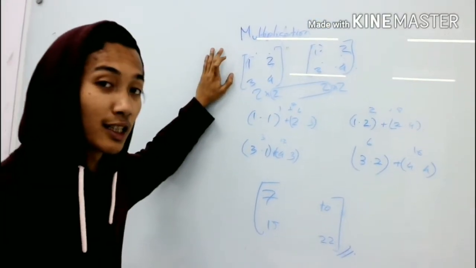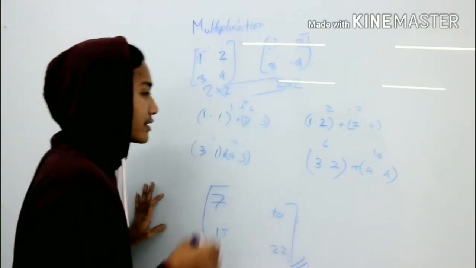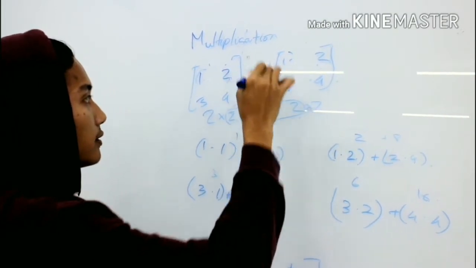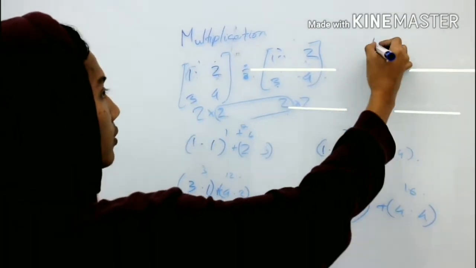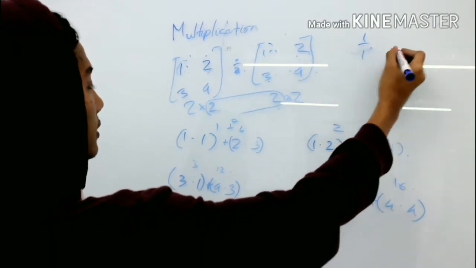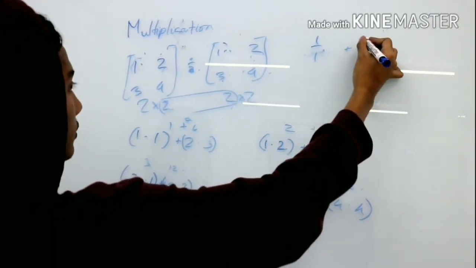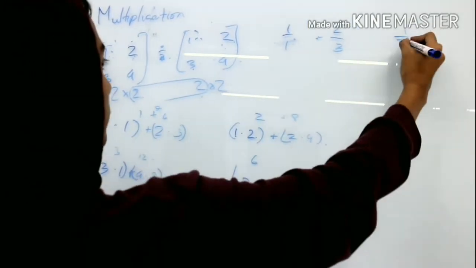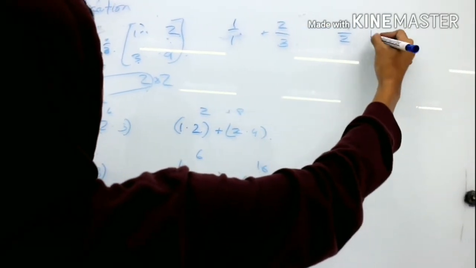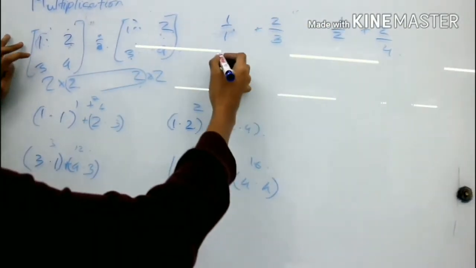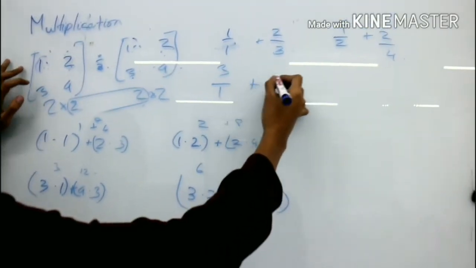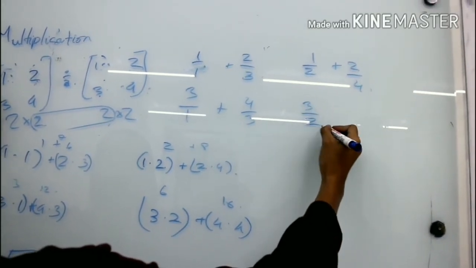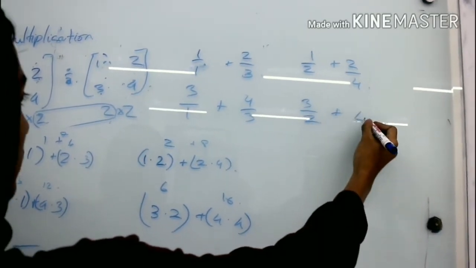Divide it. Okay, you want to divide it. It's the same with the multiplication. If you want to divide this with this, this with this, so 1 divided by 1 plus 2 divided by 3, and 1 divided by 2 plus 2 divided by 4, and 3 divided by 1 plus 4 divided by 3, 3 divided by 2 plus 4 divided by 4.